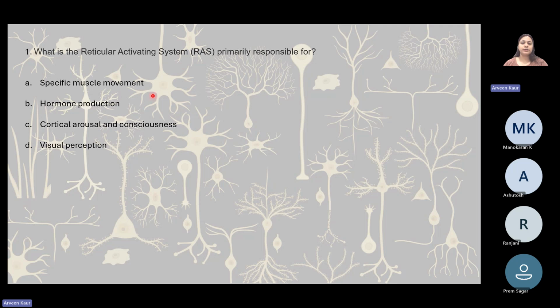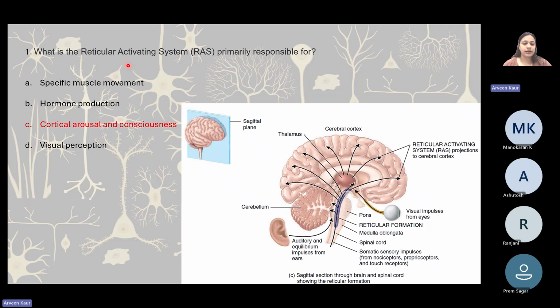The simple question is, what is its primary function? The options are specific muscle movement, hormone production, cortical arousal and consciousness, or visual perception. If you have gone through those lectures, it will be easy to come to the answer, which is cortical arousal and consciousness.